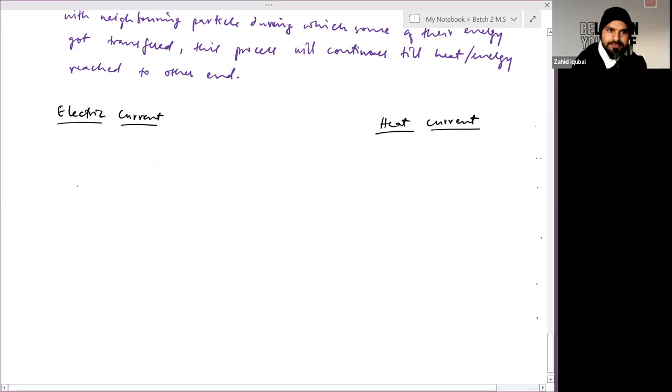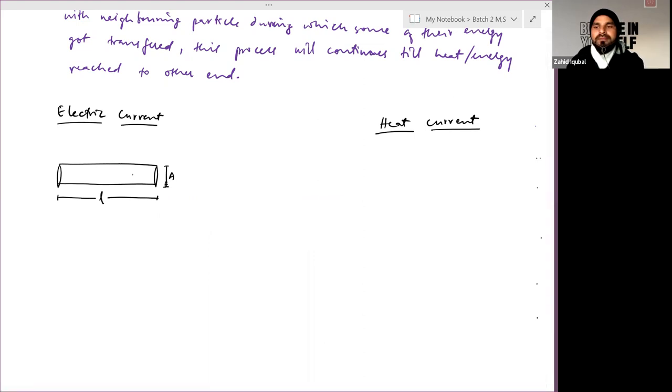Suppose we have a conductor having length L and area of cross section A. If you have to flow charge through this conductor, what do you need? You must need some potential difference across its ends, which causes flow of charge through it.